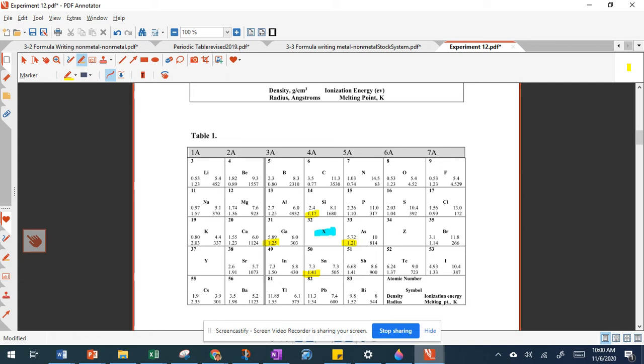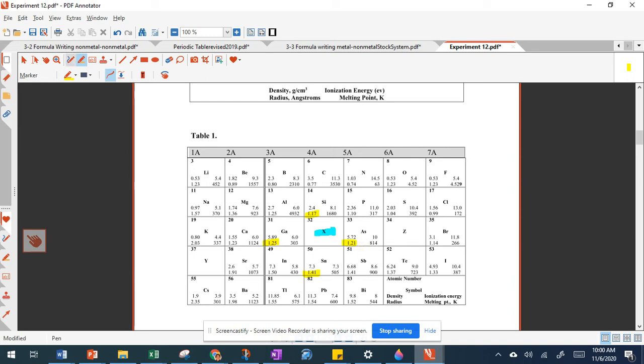If we think about that, initially, you might think if you just looked at the group that maybe the radius could be like 1.3, because that would be between 1.17 and 1.41. But if we looked at the period also, we would see 1.3 would not fall between 1.25 and 1.21, so that wouldn't work.